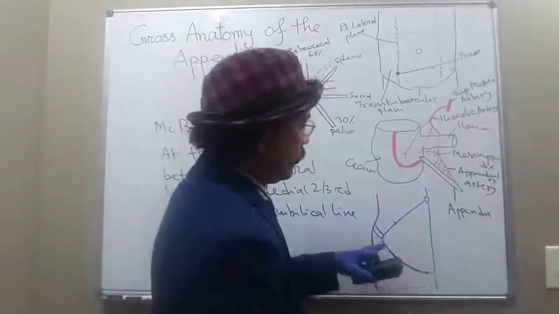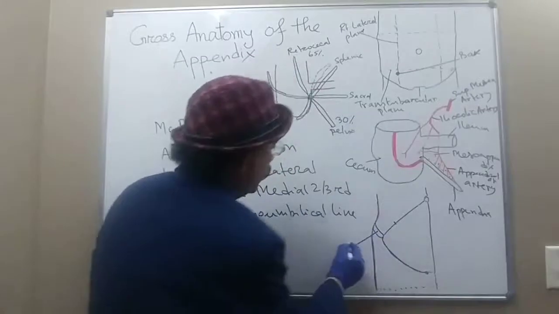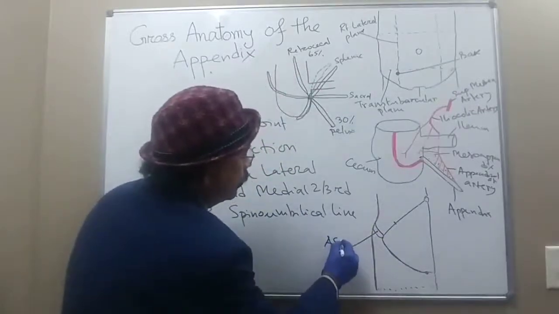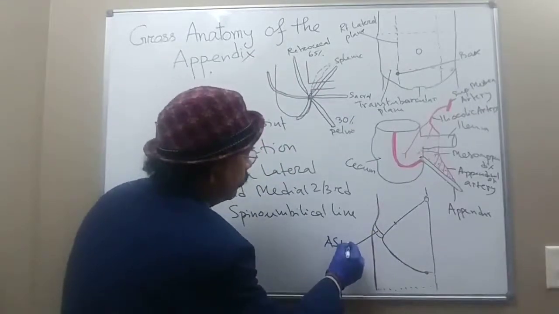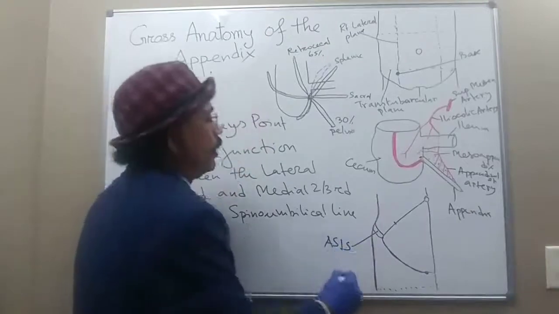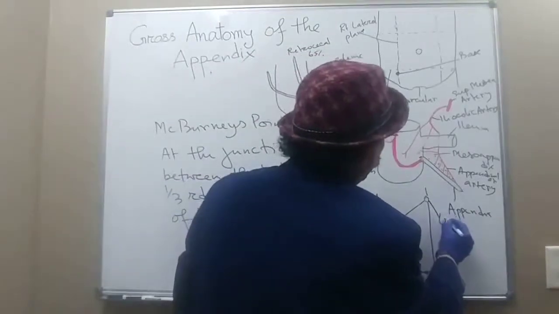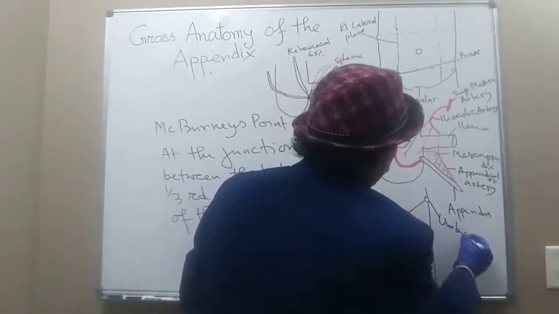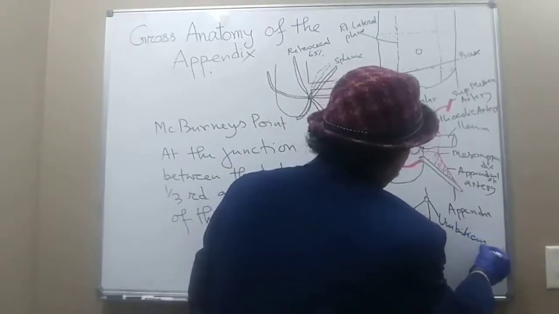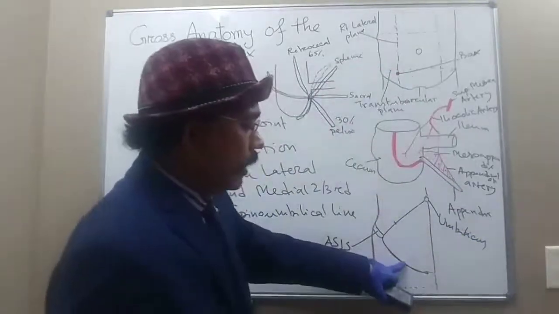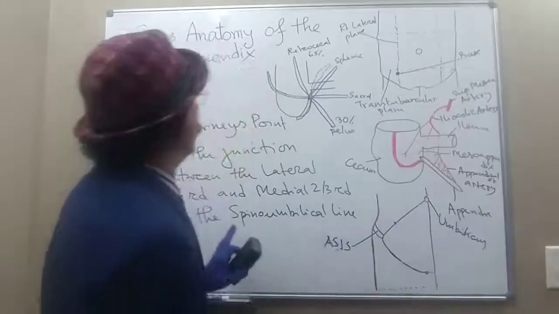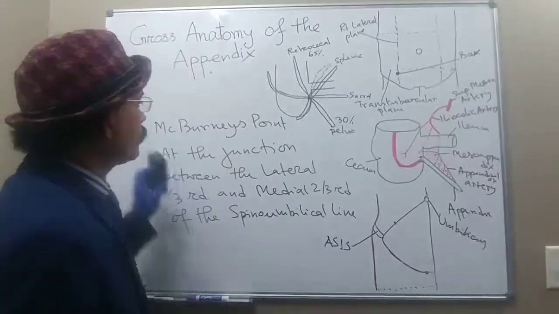This is the umbilicus, this is the anterior superior iliac spine, and this is the inguinal ligament and pubic tubercle, will not go there.